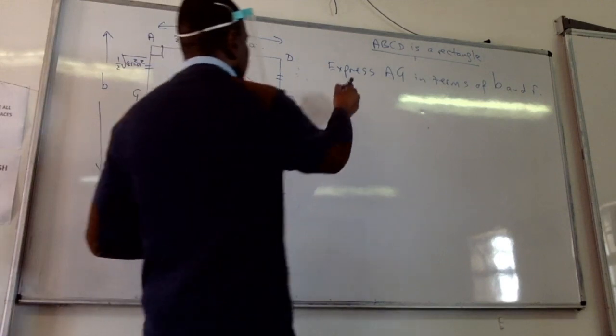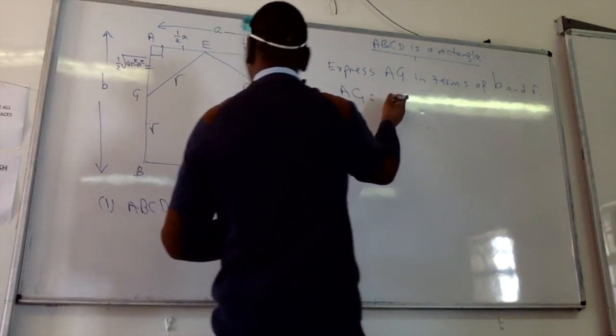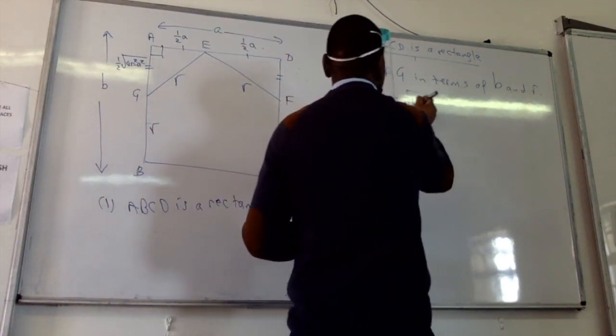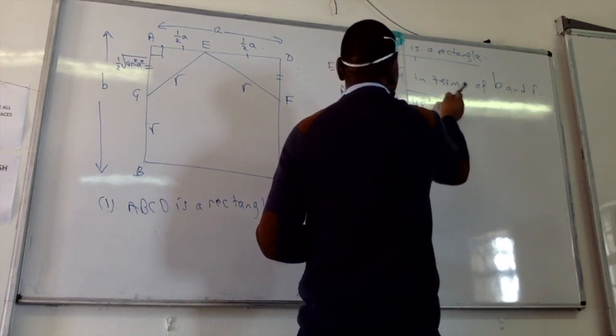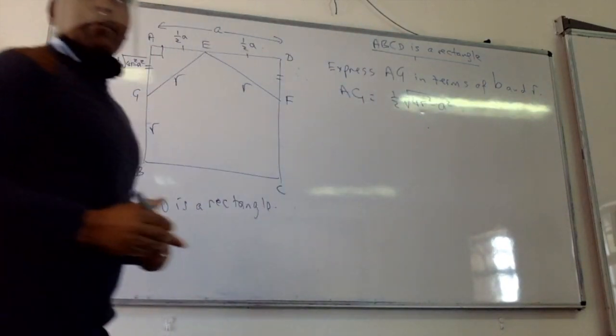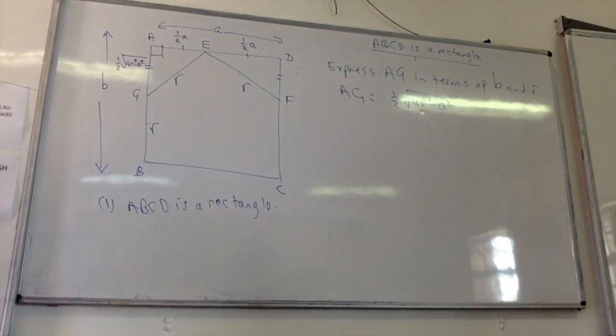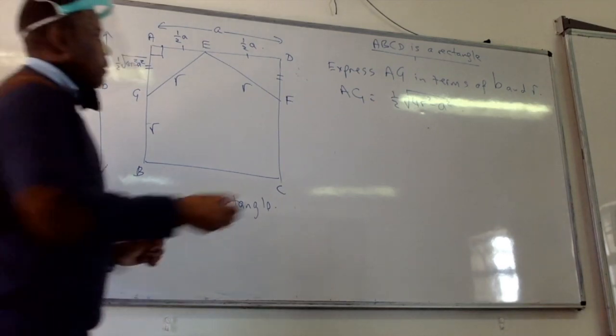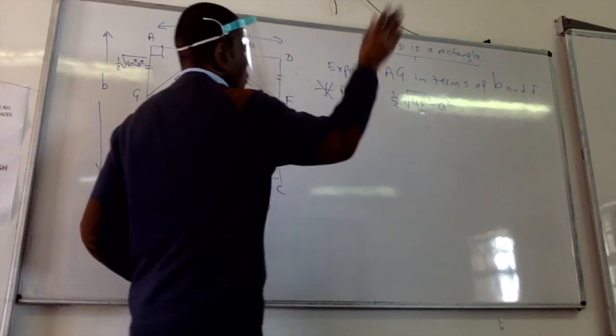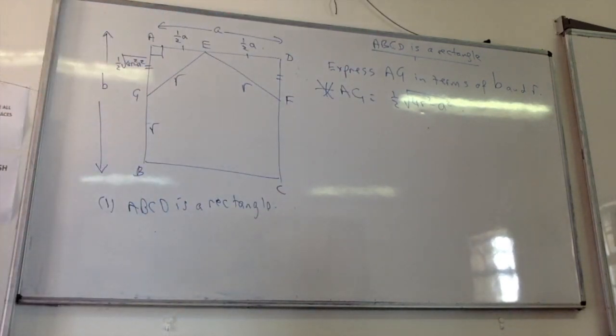You want to start with AG is equal to half multiplied by the square root of 4r squared minus a squared. Okay, but they want it in terms of b. In other words, we don't want a in our answer. So we need to remove the a. Actually, we don't even need that. This is okay, but we don't need that to answer this question.